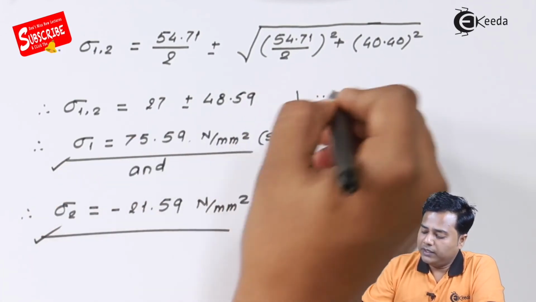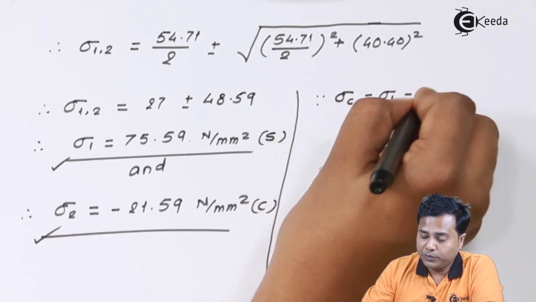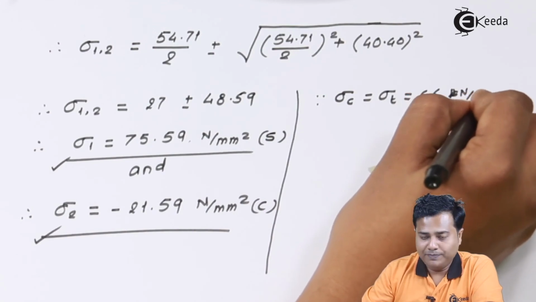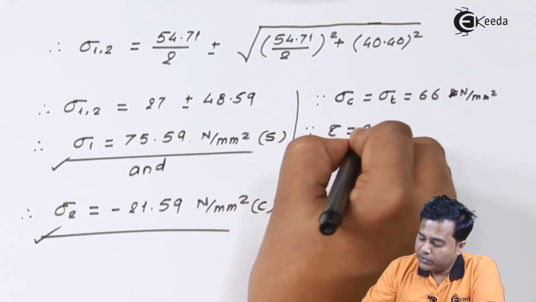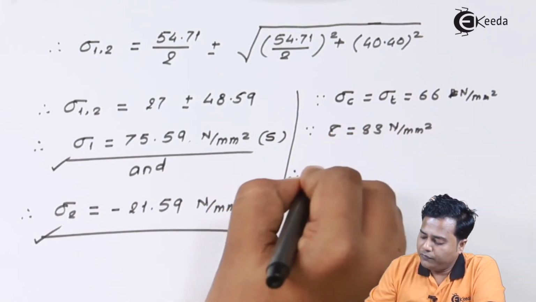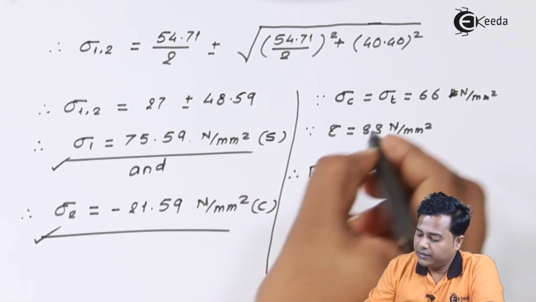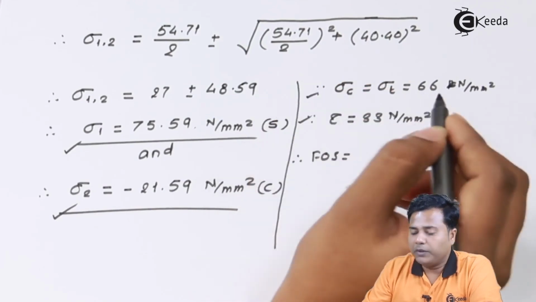So let us compare these values, which are the induced stresses, with their strengths. We know that the compressive strength, which was equal to tensile strength, we had assumed to be 66 Newton per millimeter square, and the allowable shear stress was 33 Newton per millimeter square. Since we have already considered factor of safety, these are the allowable values.